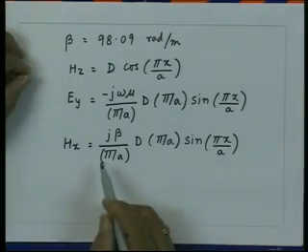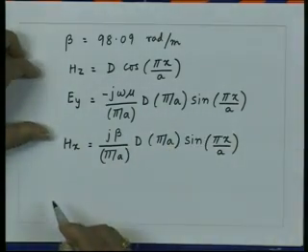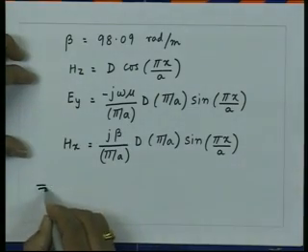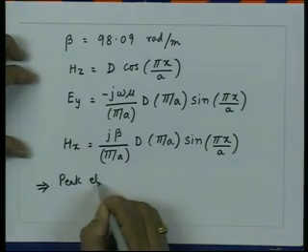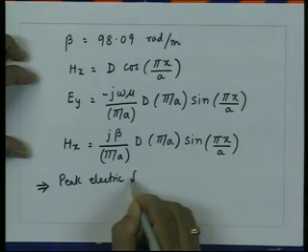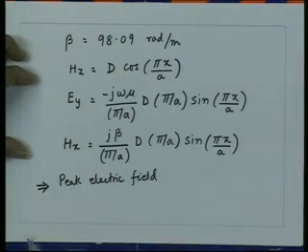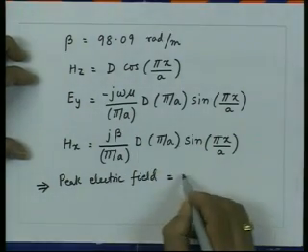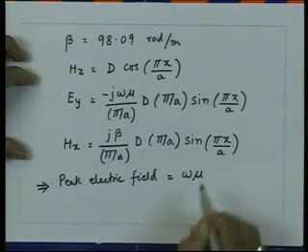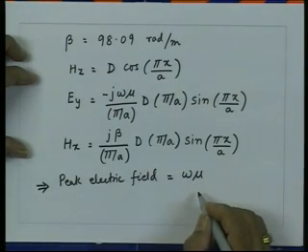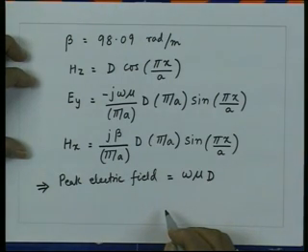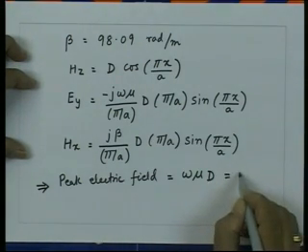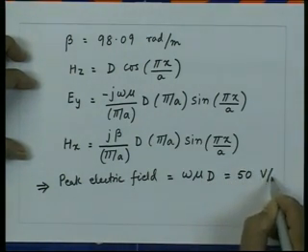So, what that essentially means is that the peak electric field, that is equal to omega mu into d, is equal to 50 volts per meter.